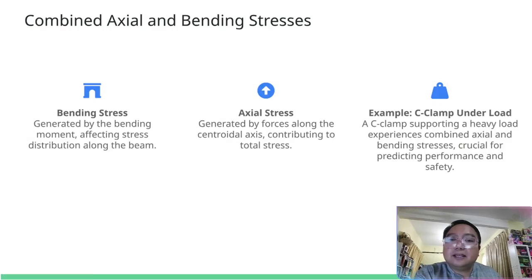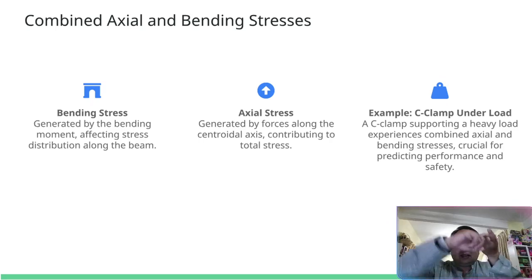Okay, bending stress and axial stress. It is combined axial and bending stress. When a hook, let's say my finger, you can make it a hook like this, and then you put loading like this, whatever loading.